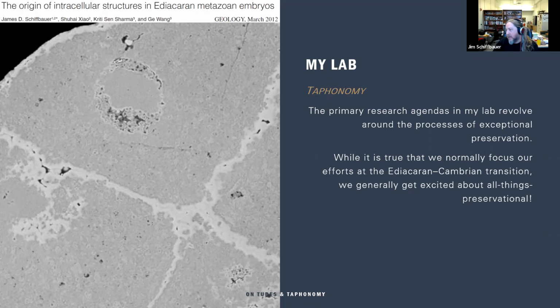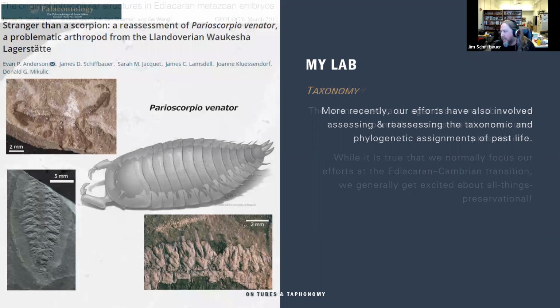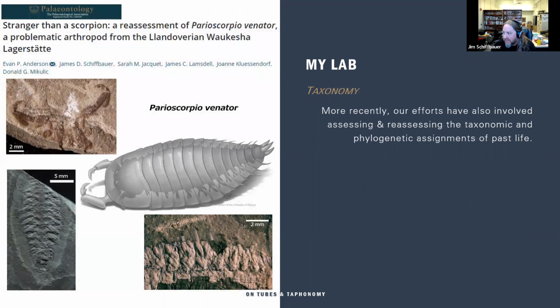So I tend to be focused in those areas, but I have been expanding into the Paleozoic quite a bit more recently, and I've become a taxonomist as well. I'm getting into arthropod taxonomy. I've been doing a lot of tube taxonomy, and I think these are all directly related to the preservational questions that I ask as well. So it's all combined together.